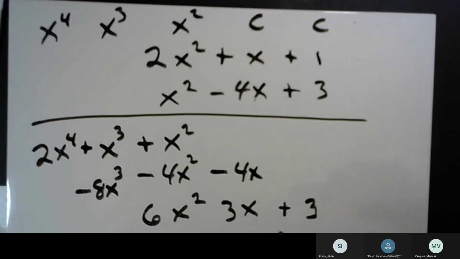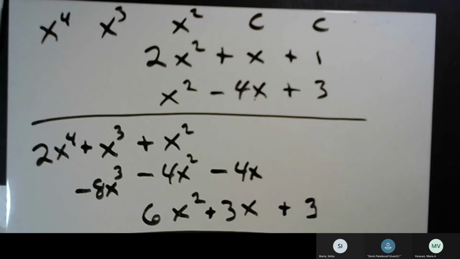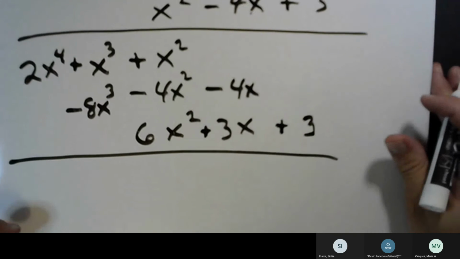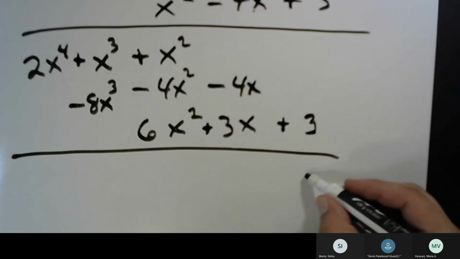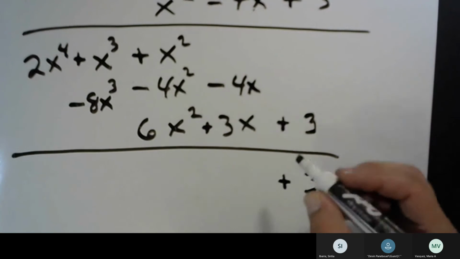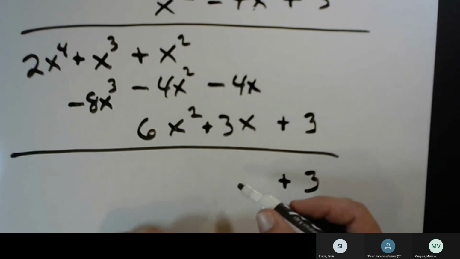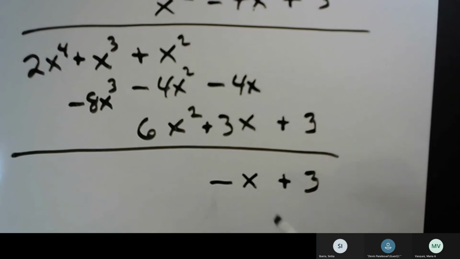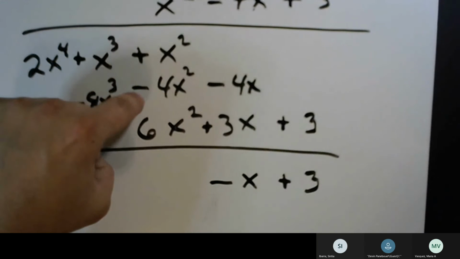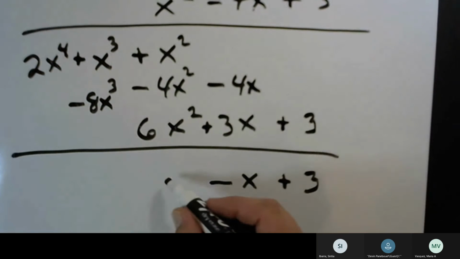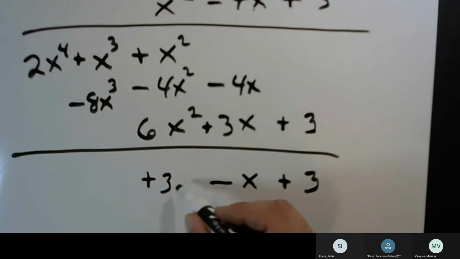So this was a positive 3. This was a positive 3x. And now we're going to add. And this is so much faster. So we have plus 3. Negative 4 plus 3x is just negative x. 1 plus negative 4 plus 6 is plus 3x squared.